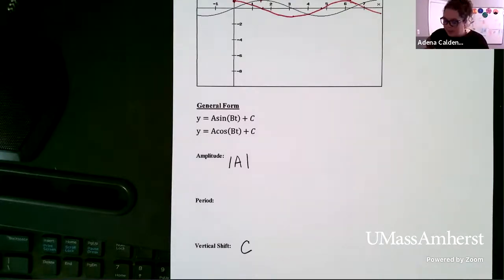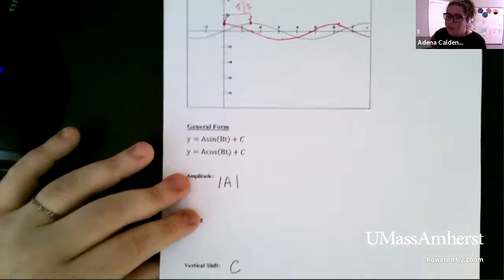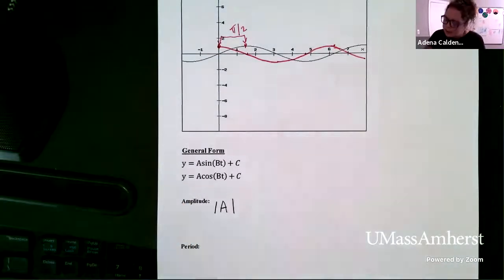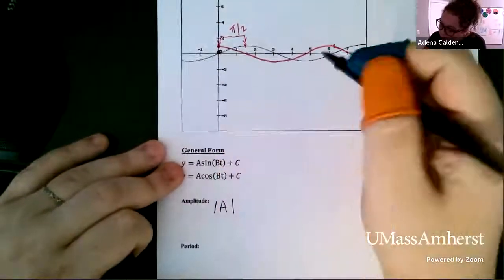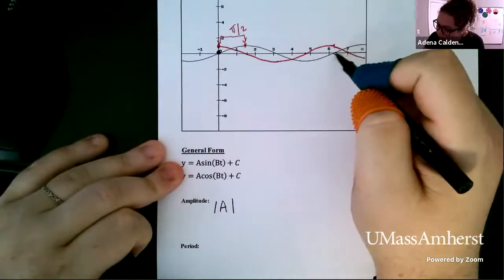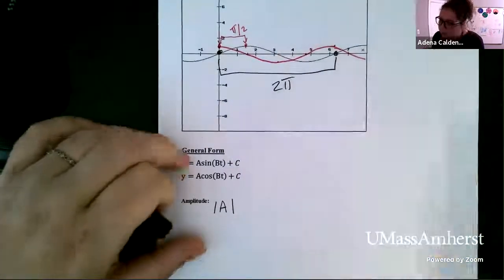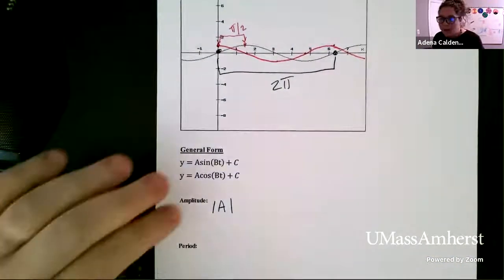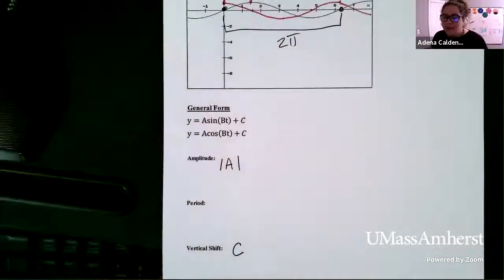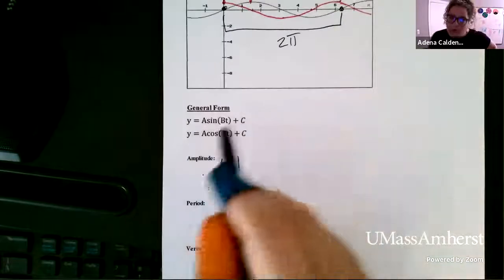Now, the period. This is where things get a little confusing for a lot of people. Remember from before, the period is how long it takes your function to repeat. On a sine graph, that was 2 pi. How is that related to our general form?